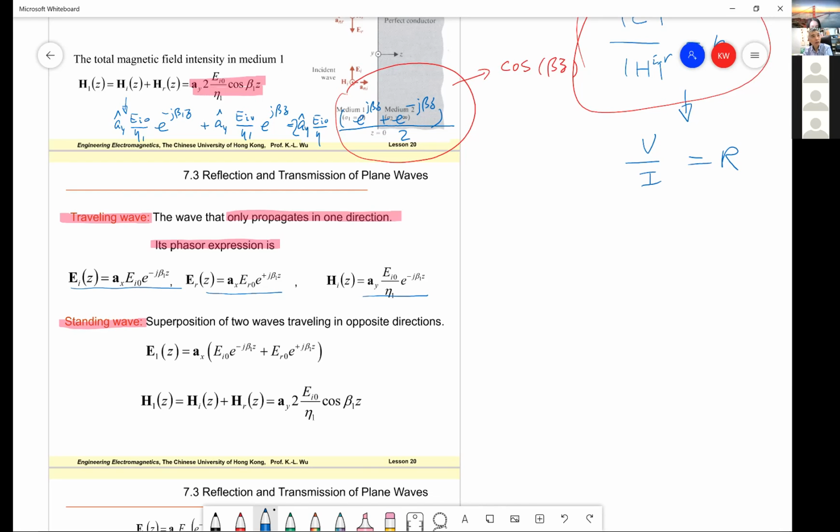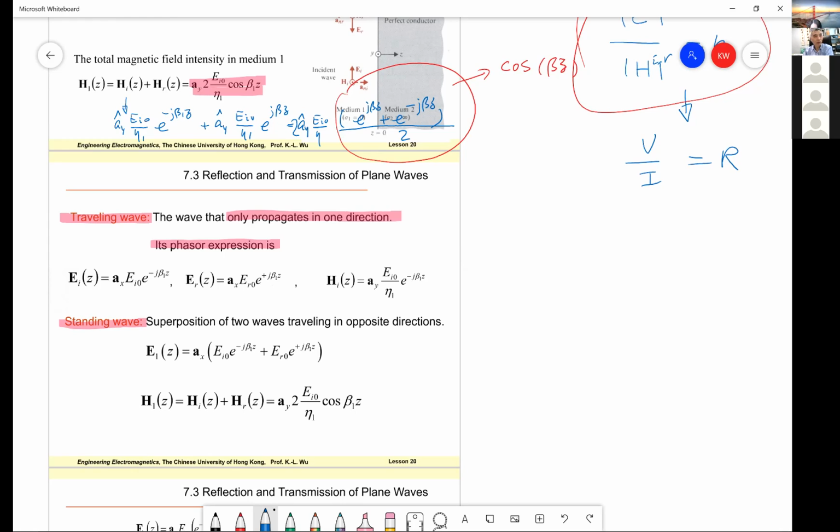So for a traveling wave, Ohm's law is applicable. You see, the current can be voltage divided by resistance or impedance. This is a traveling wave.